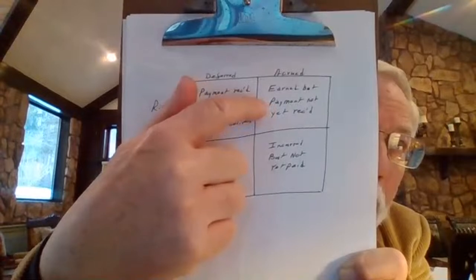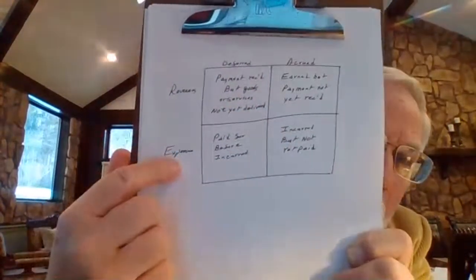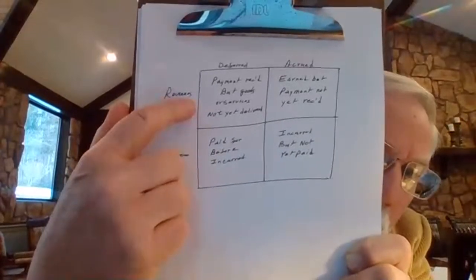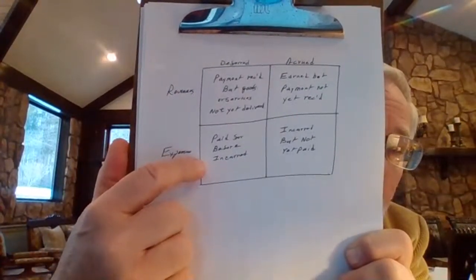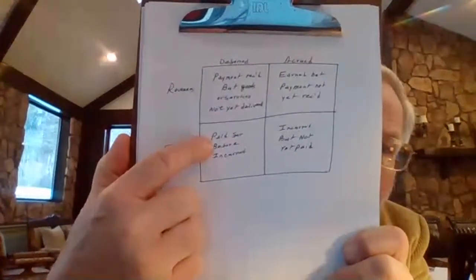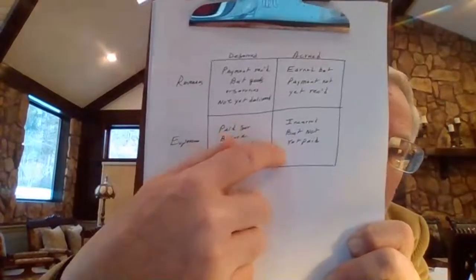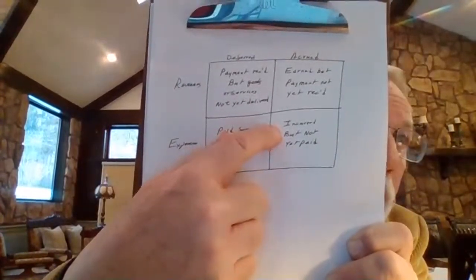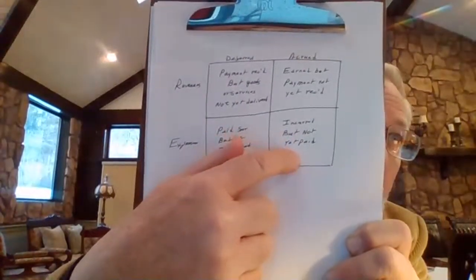We earned it, we delivered the goods or services, but we haven't been paid for them yet. Expenses. Deferred expense would be like your prepaid items or your office supplies or a fixed asset that we're going to depreciate. Paid for before we incur it. Accrued, the expense has been incurred, but we haven't paid for it yet. So we'll see how those play out shortly.